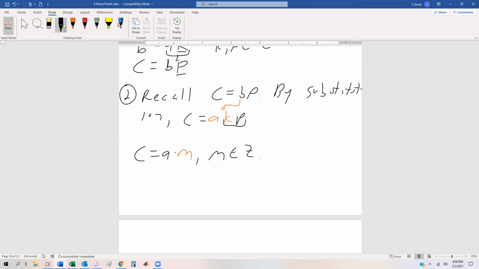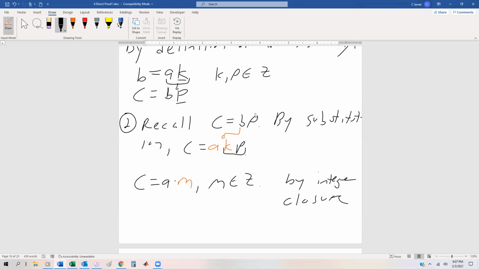And that's by integer closure. All right, now, notice that there's not a lot of algebra in this one. But we did have to use the idea of substitution a couple times, which is something that we haven't seen yet in any of the previous problems, but we're expanding our repertoire at this point.